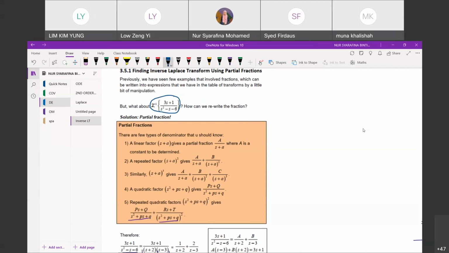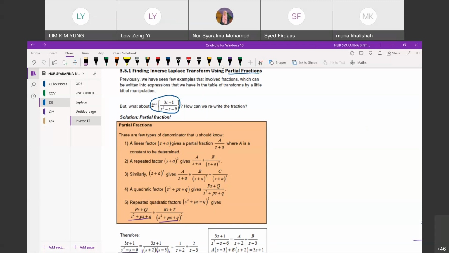So in terms of fraction, we can simplify it by using partial fraction. Before you simplify by using partial fraction, you have to know there are types of denominator which can be used to simplify the fraction to partial fraction.